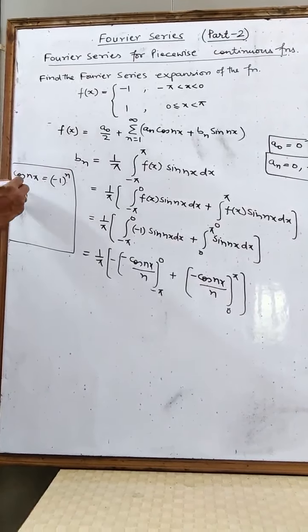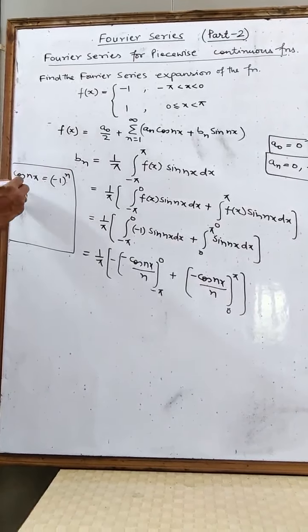So it is equal to 1 over pi minus. Now when we will put upper limit, cos 0 is 1 and this negative is written here, minus. Now we will put cos minus n pi, and I think you know the result. Cos of minus theta is cos of theta, so it will be equal to minus 1 raised to the power n.